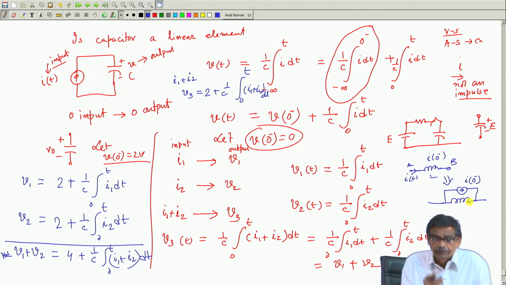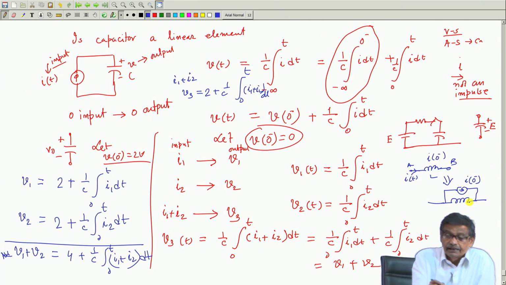Therefore, in case of capacitor, can similar things be done? Yes, it can be done.